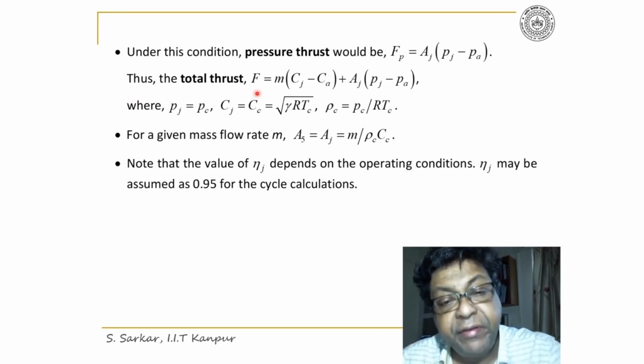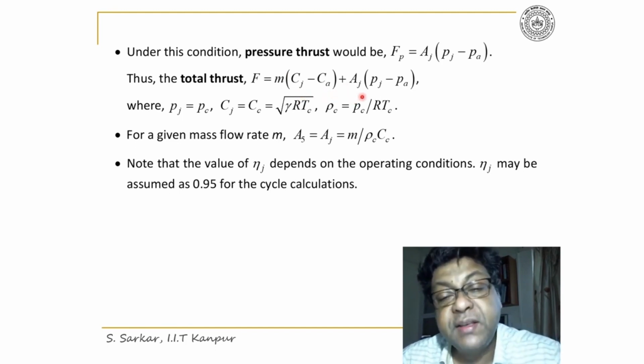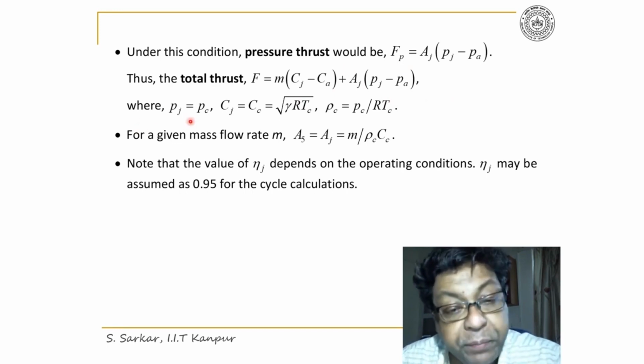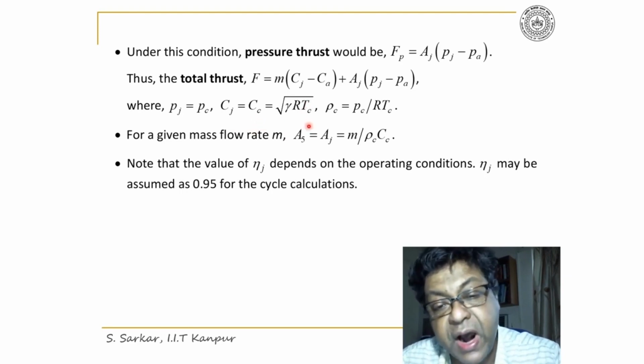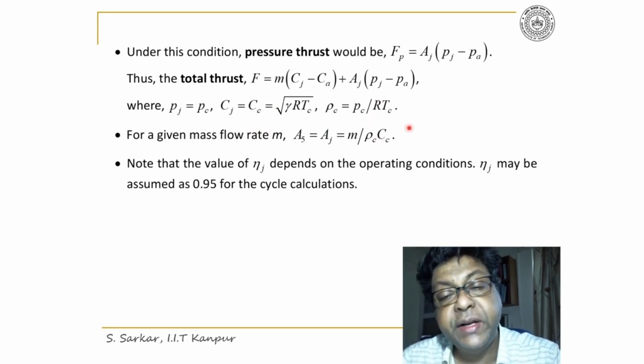Thus, F equal to M into Cj minus Ca plus Aj into Pj minus Pa, where Pj is equal to Pc, Cj is equal to Cc is equal to root over gamma R into Tc, and rho c is equal to Pc divided by R into Tc.